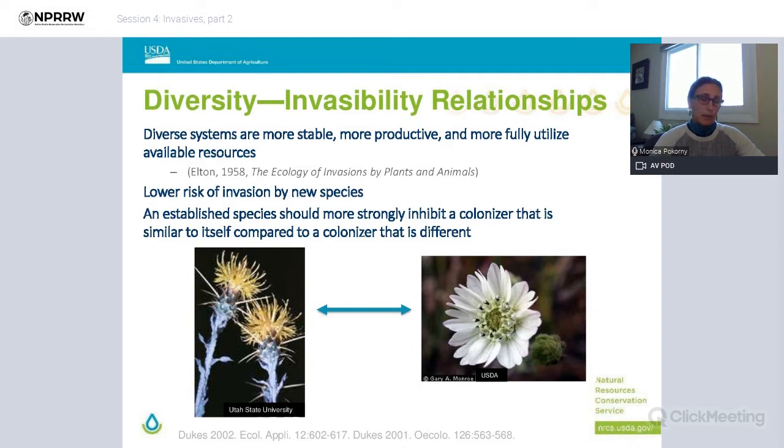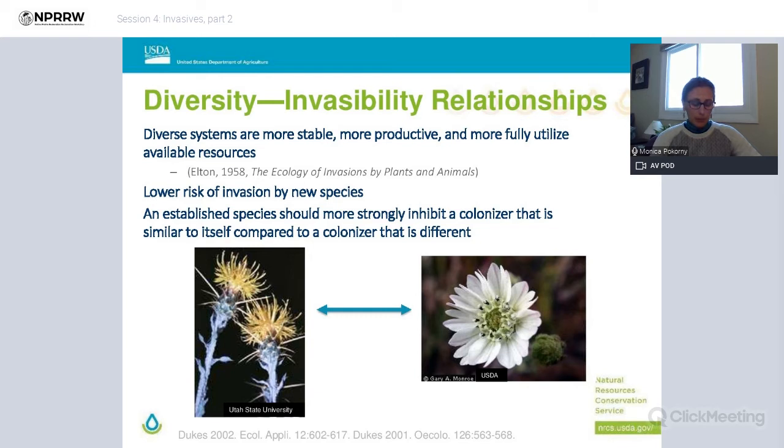And they found that if you had diverse plant communities that had 4 or more functional groups, those communities were least likely to be invaded by yellow star thistle. But if you had a monoculture of a grass, those communities were the most likely to be invaded, where a monoculture of another desired late season annual forb were the most resistant to invasion.